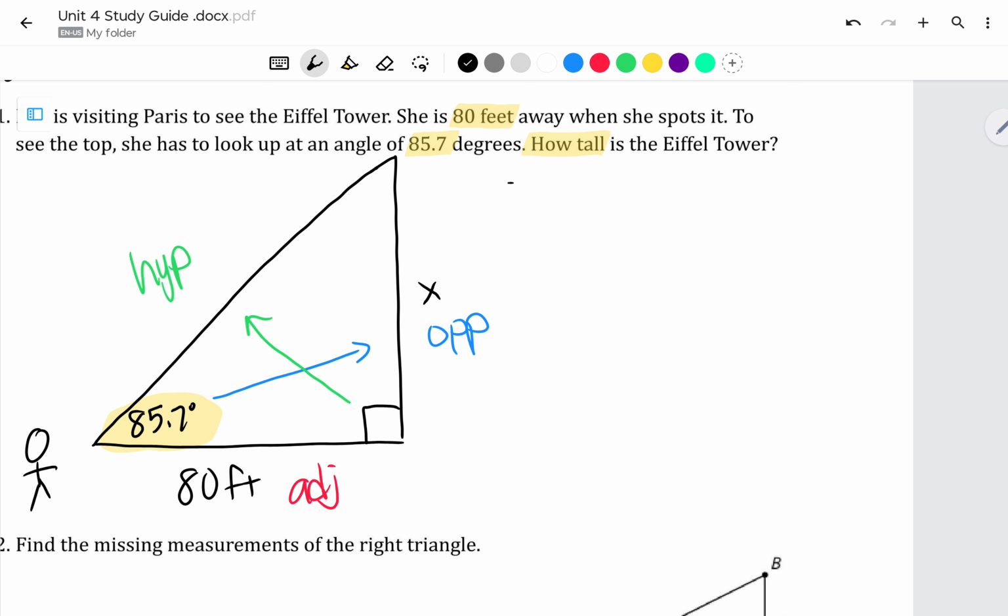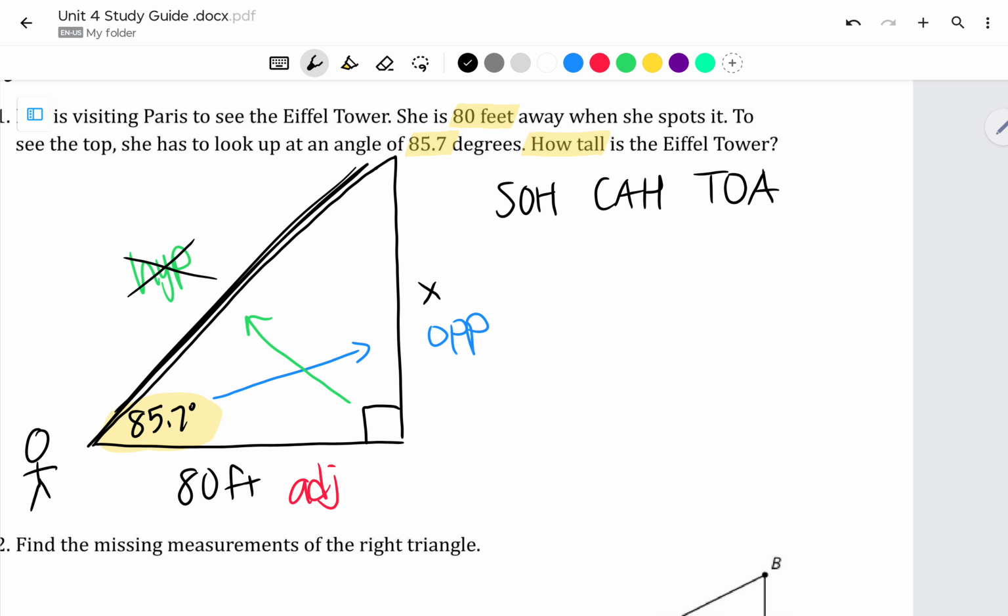And so I'm looking at SOHCAHTOA, right? I'm asking myself now, which two sides am I going to use to set up my ratio and set up my formula? I'm not going to use the hypotenuse, right? Because the hypotenuse side doesn't tell me anything.